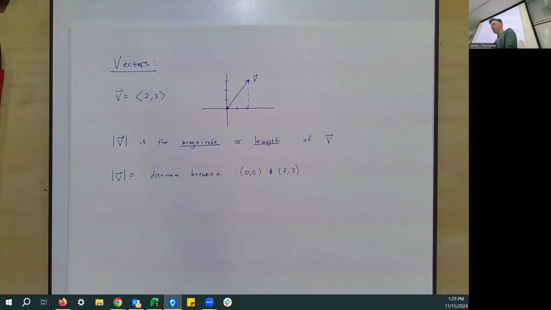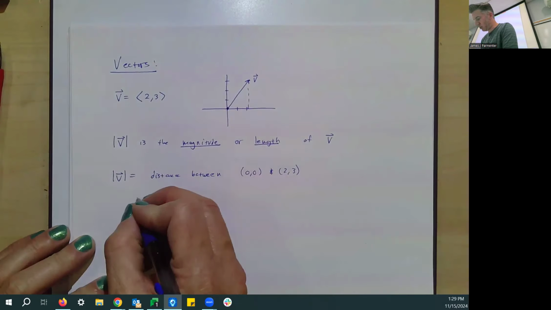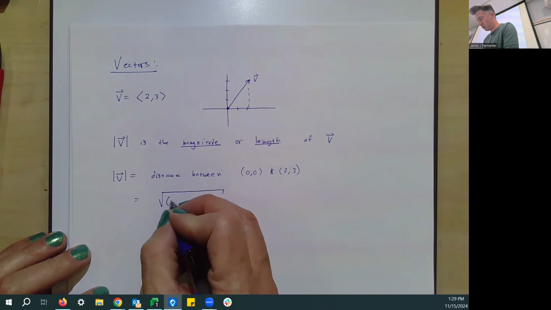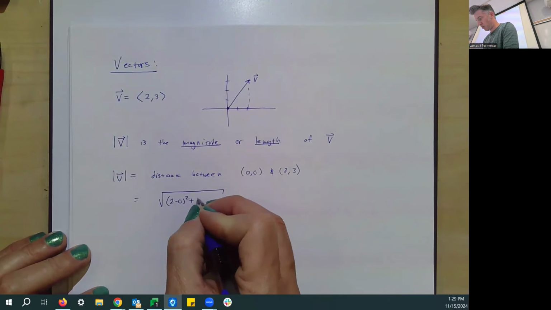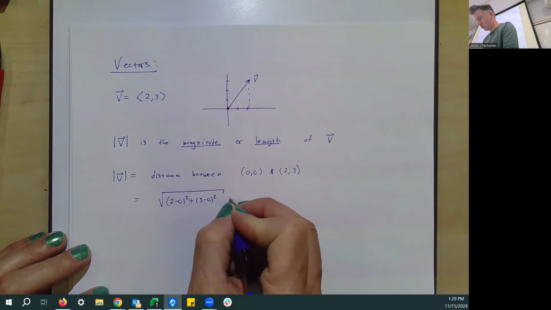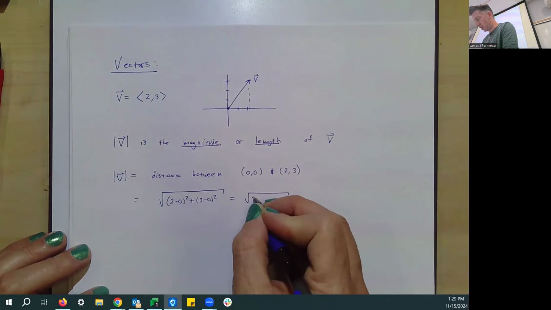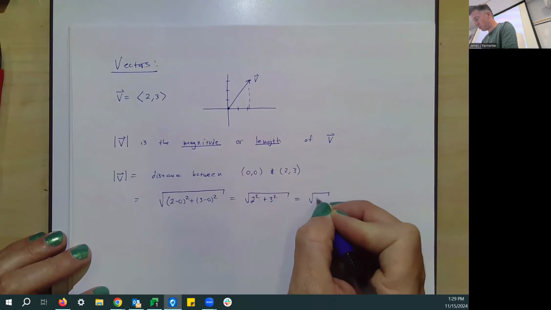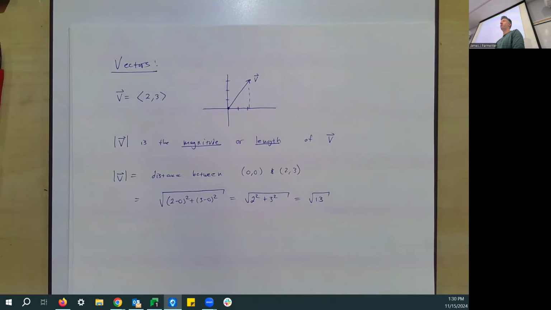Then if you're using the distance formula, it's just going to equal the square root of 2 minus 0 squared plus 3 minus 0 squared, which is just the square root of the sum of the squares of the components of the vector. So this vector has a magnitude of the square root of 13.